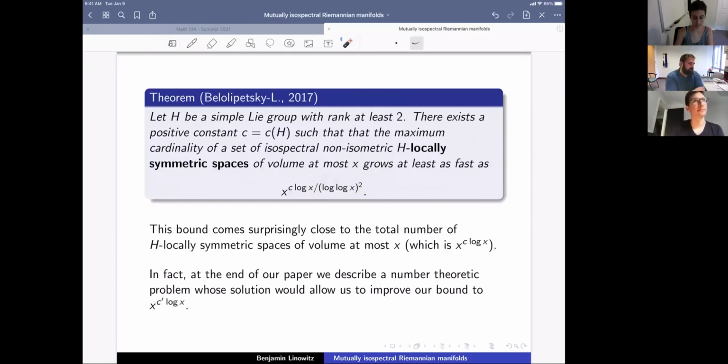And maybe I'll end by saying that the hypothesis in our theorem is a little bit more general than simple Lie group with rank at least 2. We're able to prove the same thing for non-compact semisimple Lie groups as long as they don't have simple factors of type A1. So I'll end there. Thanks very much.